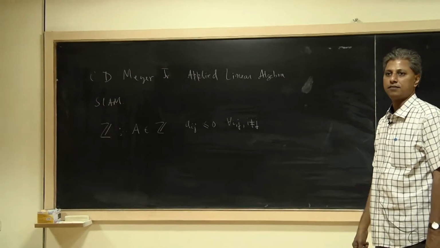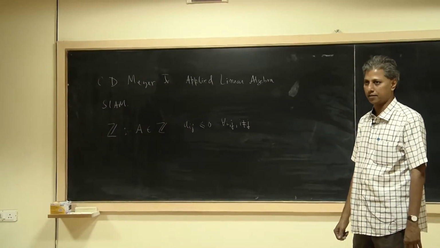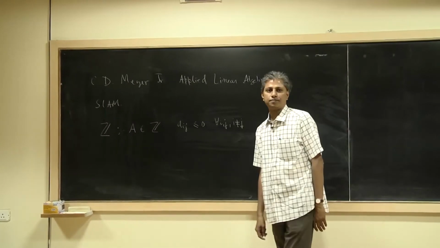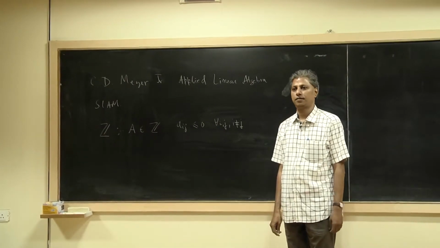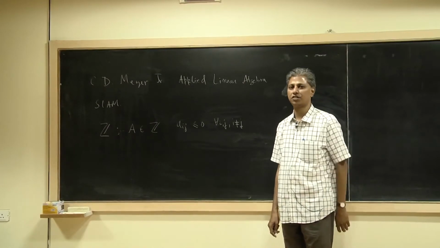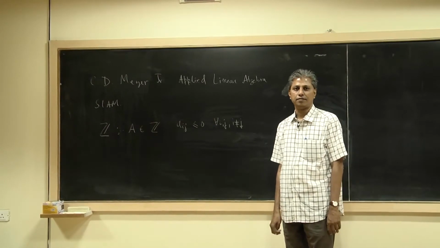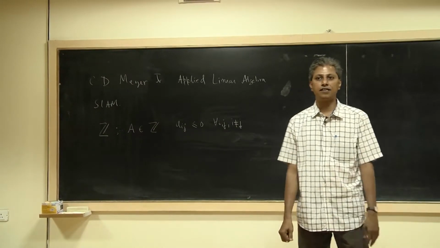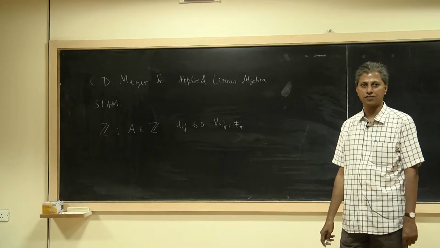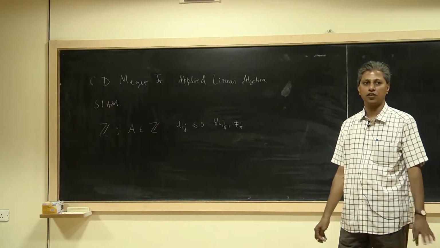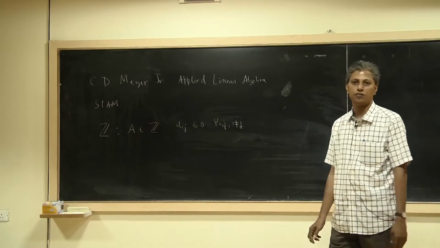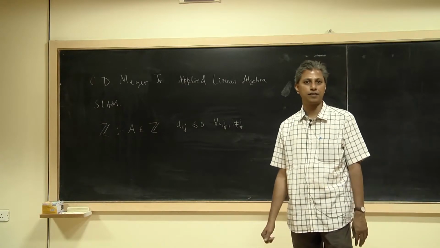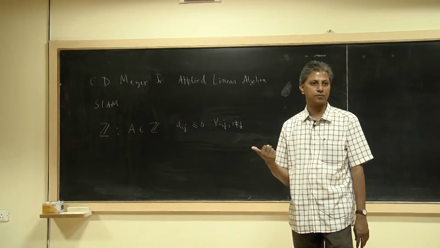Now, this matrix arises naturally in many practical problems. One problem is this: we know that differential equations, when the coefficients are variable and the right-hand sides are not elementary functions, can't be solved analytically. So in order to solve them, one applies numerical techniques. One method is the finite difference approximation.